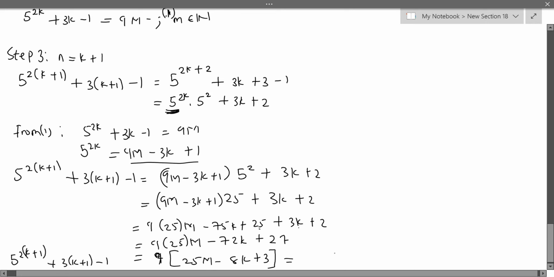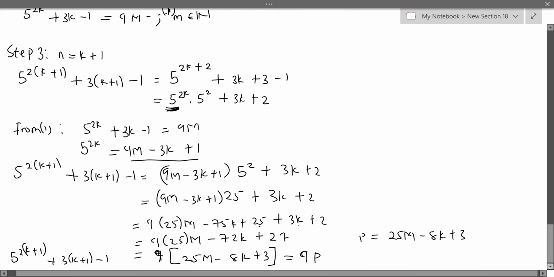You can represent the whole of that as p, where p is equal to 25m minus 8k plus 3. So this expression on the left has 9 as a factor, because you can represent the whole thing on the left as a product of 9 and a number. So 9 can divide it, because if 9 divides this, you will get p.